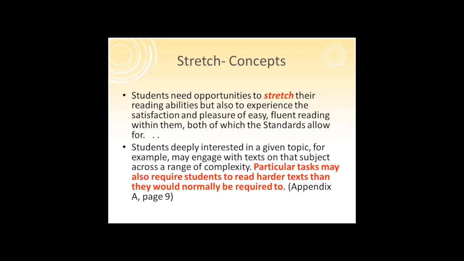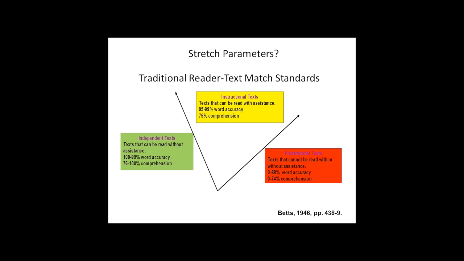So if we look at this language and then we look at the quantitative guidelines and the readability formulas, you can see there is a clear expectation of stepping things up for kids really across K-12. The question is how to do that.